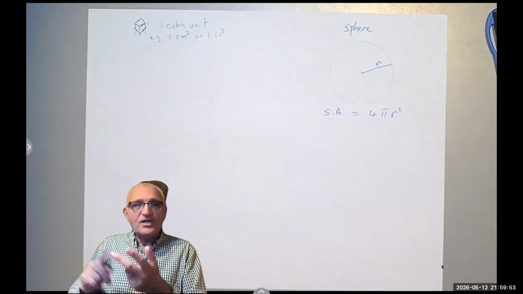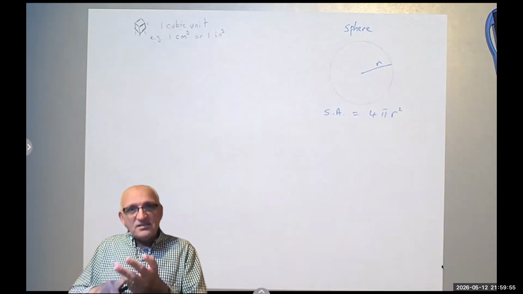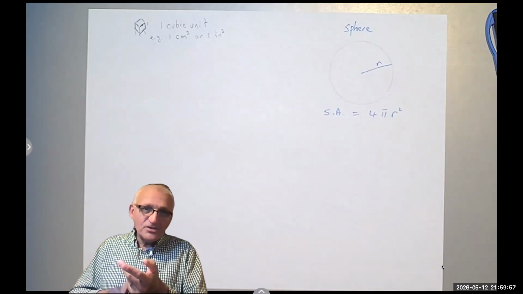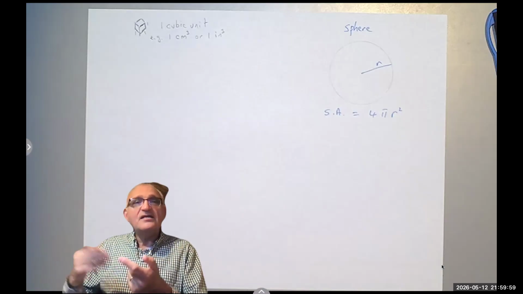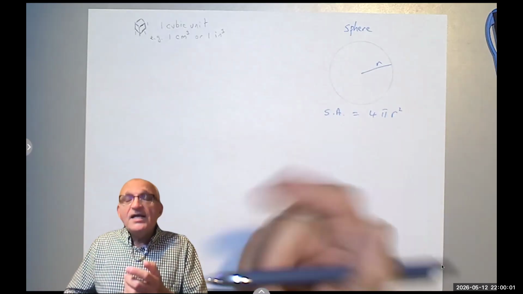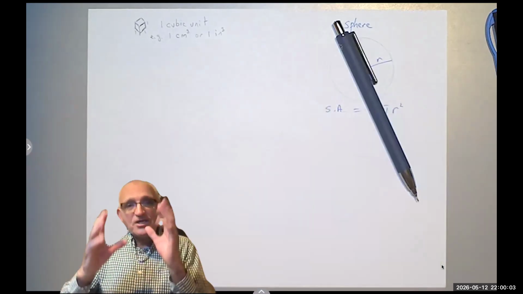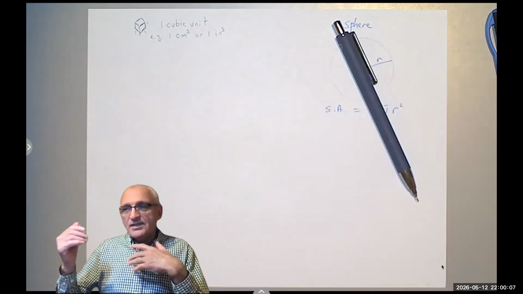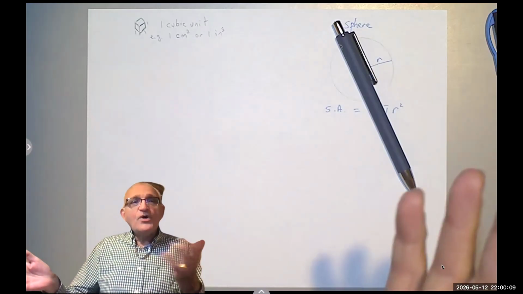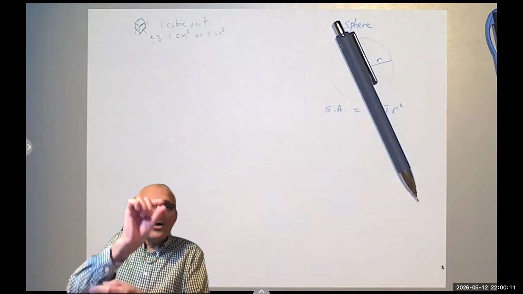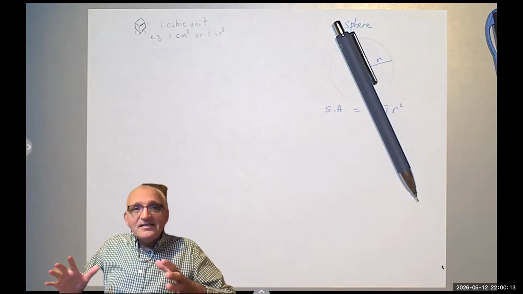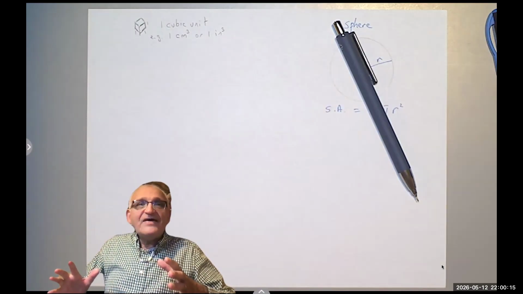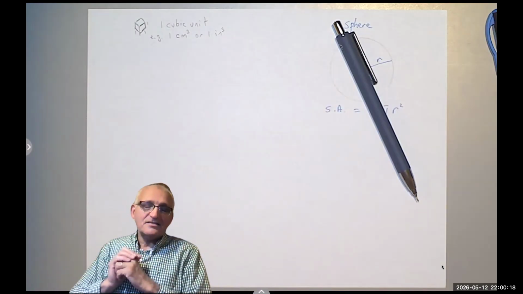So 1 times 1 times 1 is 1, and centimeter times centimeter is centimeter squared, times centimeter again is centimeter cubed. Now, if I have a shape, be it a sphere or a cube or a pyramid, we are asking how many of these cubes can fill the space inside this shape.